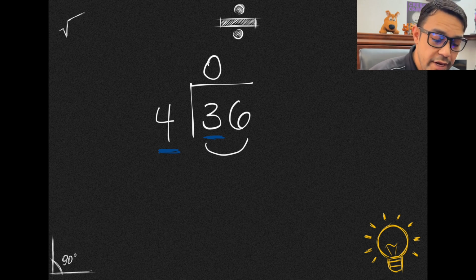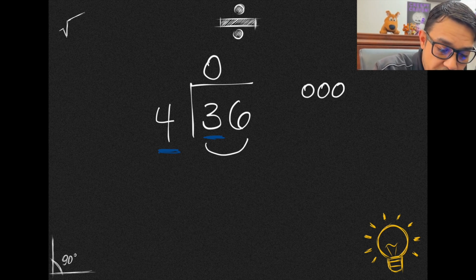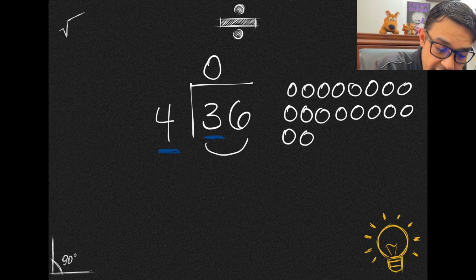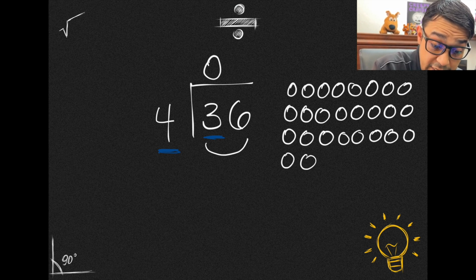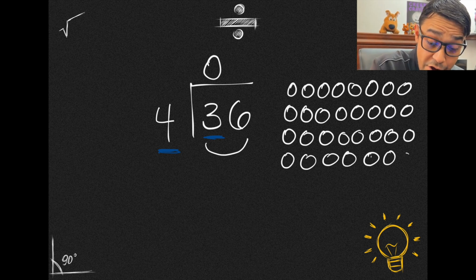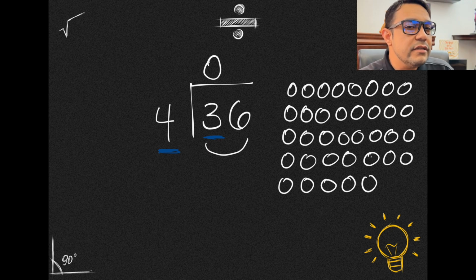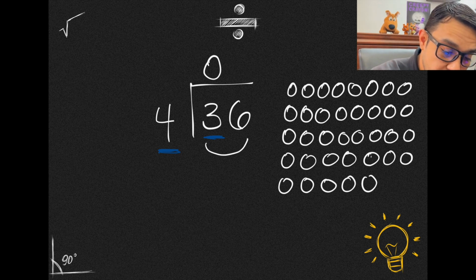So I'm going to go ahead and do that for you. 1, 2, 3, up to 36. Bam! Okay. Now what am I doing with these? I'm taking out groups of 4.